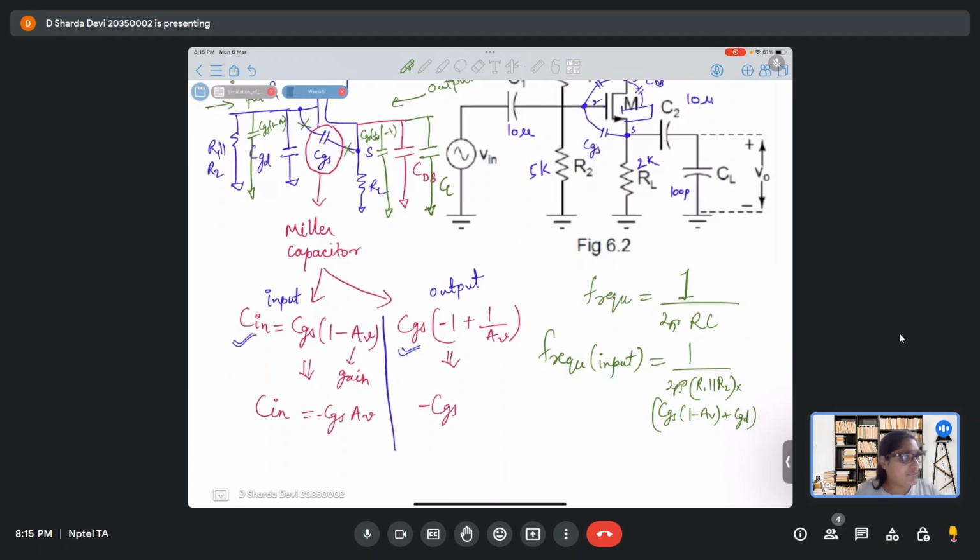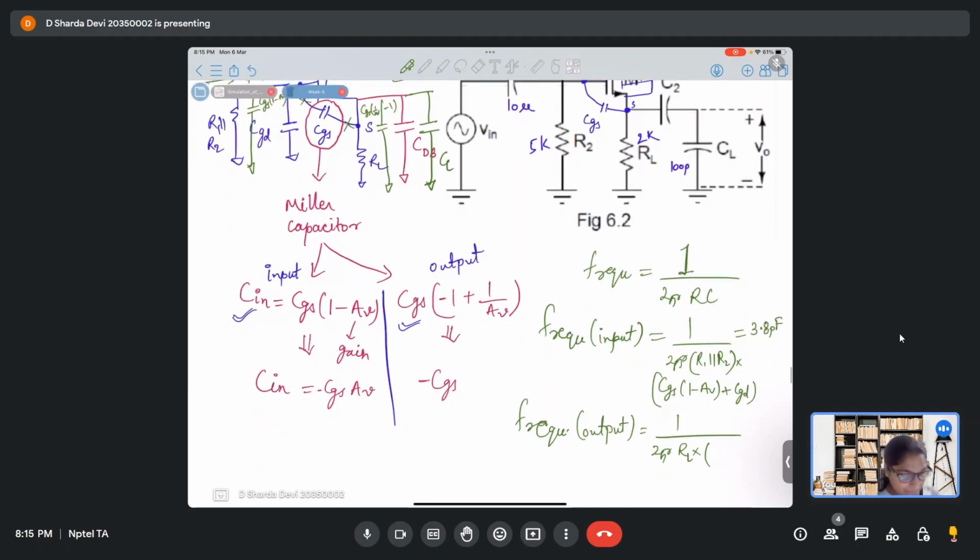So this frequency you will get turns out to be 3.8 picofarads. Okay. And when we talk about the frequency for output, here we will have 1 upon 2 pi RL into, what are the capacitors that are in parallel?